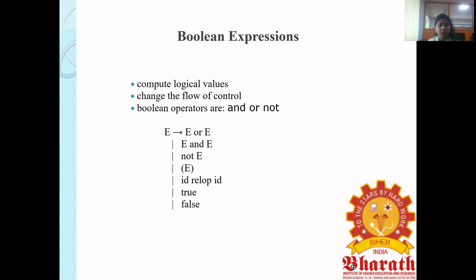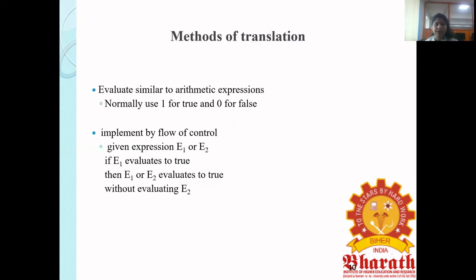We can write expressions with Boolean operators: E goes to E or E, E and E, not E, parenthesized E, ID relop ID, true or false. These are all Boolean expressions. Next, we discuss the method of translation, how we translate a Boolean expression.